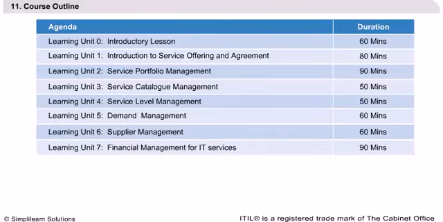Learning Unit 7 looks at financial management for IT services and how it contributes to SOA. It provides an overview of the objectives, scope, and importance of financial management for IT services as a process for generating business value.